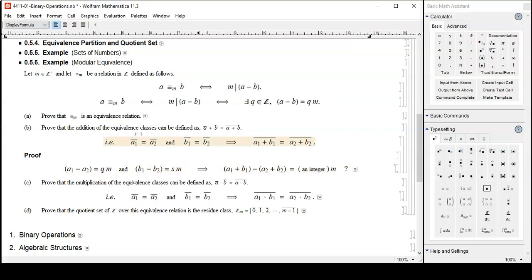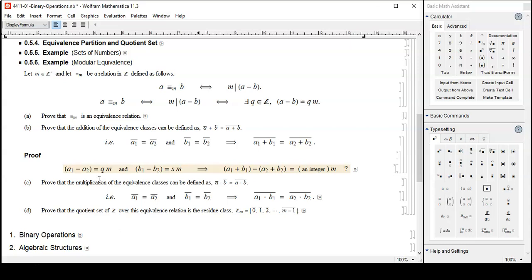A1 and A2 define the same equivalence class, so A1 and A2 must be related, which means they're congruent modulo M, or like this. And then the same goes for B1, B2. Again, here I used different characters Q and S because we have an existential quantifier. And then we have to prove something times M. How do you do that?